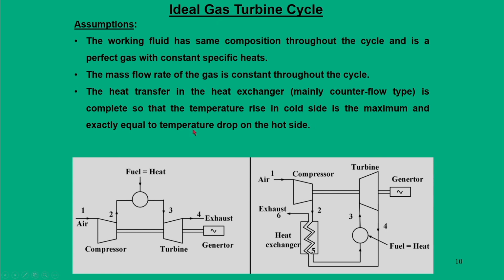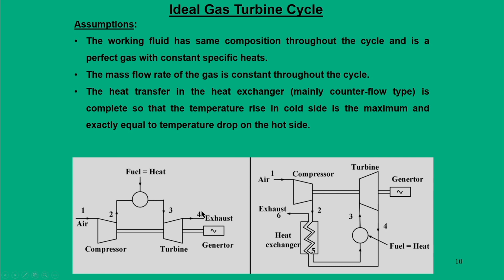So, in the ideal gas turbine cycles, we are going to see two variants. In the first variant, there is no heat exchanger, and in the second variant, there is a heat exchanger. Why do we think about a heat exchanger? Because in the first variant, the exhaust from the turbine, at thermodynamic state 4, is at very high temperature.